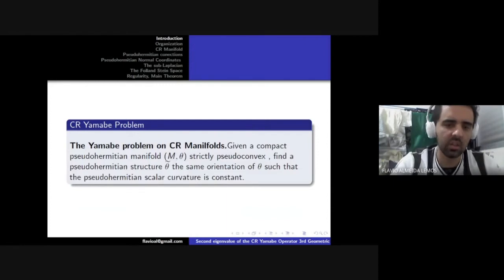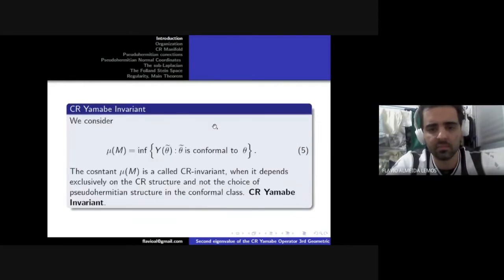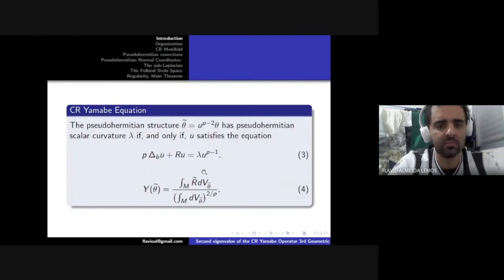In the same way, the pseudo-Hermitian structure theta tilde has pseudo-Hermitian scalar curvature lambda if and only if it satisfies this equation. See, this is the sub-Laplacian. Later, I will introduce the sub-Laplacian. This is the scalar curvature of theta.